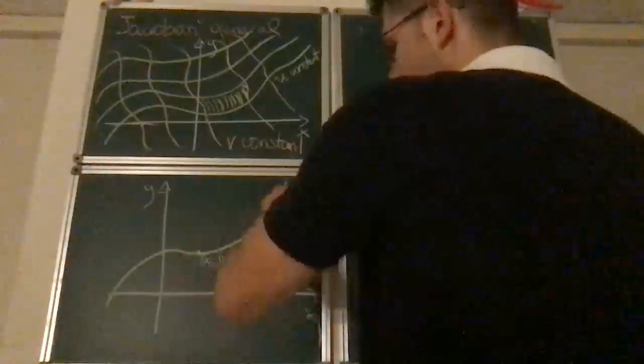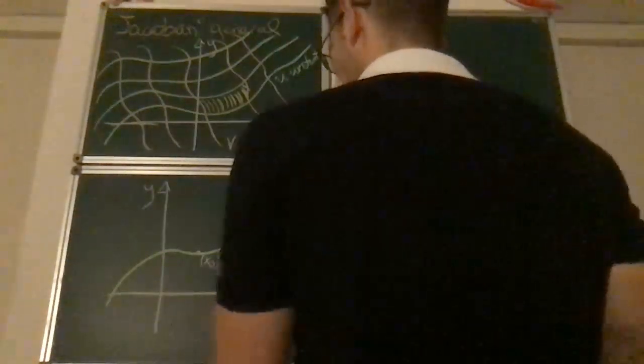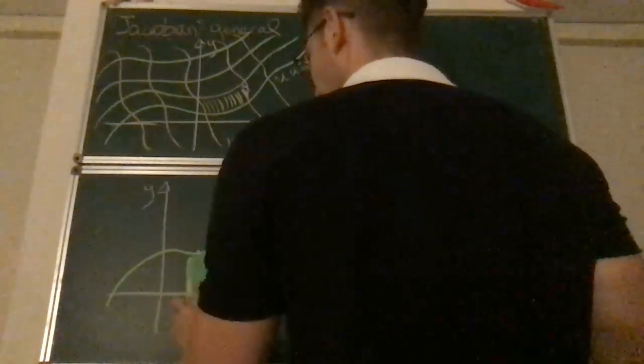Where u is constant, any other point here, x comma y, will be of the form x of u naught comma v, y of u naught comma v.